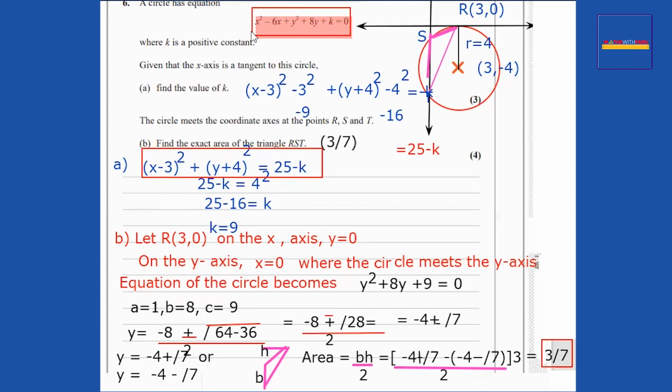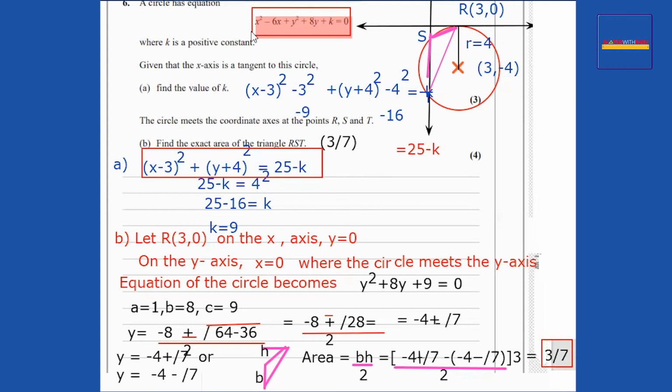Now, the question asks us to find the exact area of triangle RST. So we use what we would normally use to find the area of a triangle, which is half into base into height. The base is going to be the difference between S and T, which would be minus 4 plus root 7 minus minus 4 minus root 7, and then over 2 into the height, which is 3.